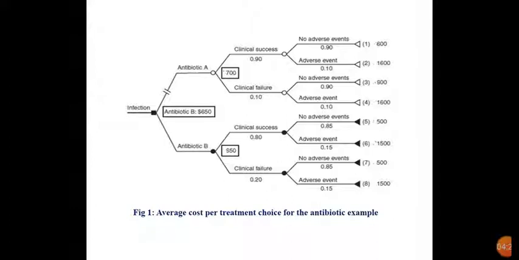When we plot a decision tree and substitute all these, the outcomes of these treatment options. So antibiotic A, we will be having a clinical success or clinical failure, and the clinical success might be with no adverse event or adverse event.